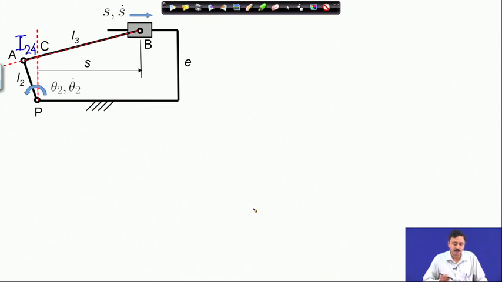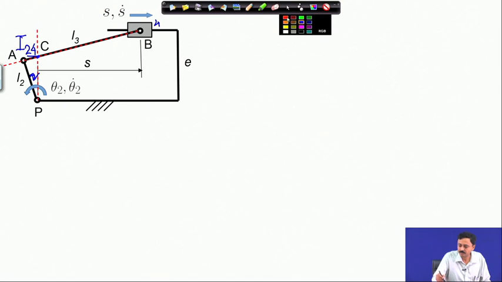So, the coincident point belonging to body 4, which is the slider, and link 2, at point C, has the same velocity, which must of course be something like this.